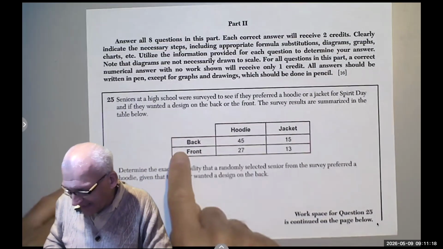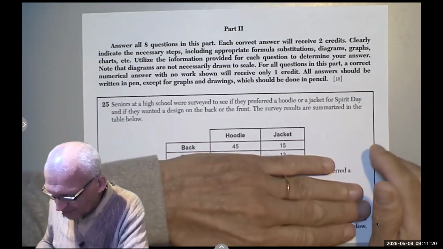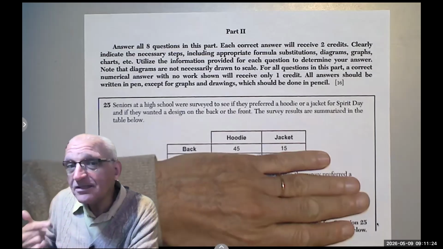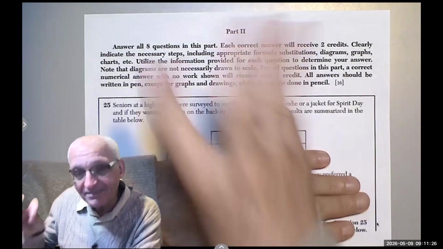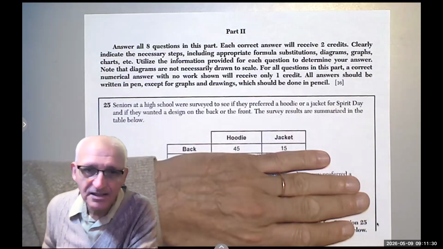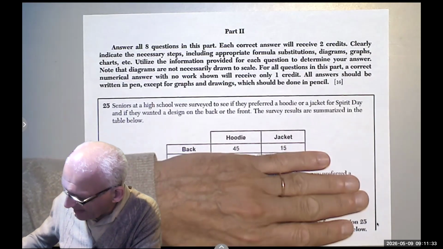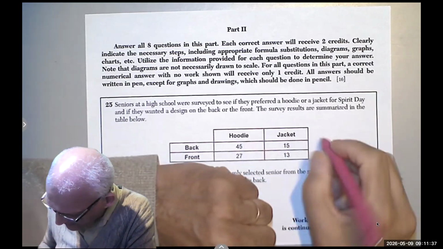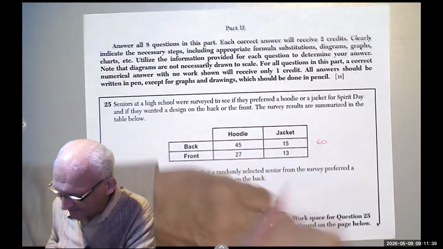So I can just exclude the bottom row, not think about it at all, because I know that the person I'm selecting is from those who said we like the design on the back. So really, I'm selecting 1 out of 60 students. 45 plus 15 is 60 students.